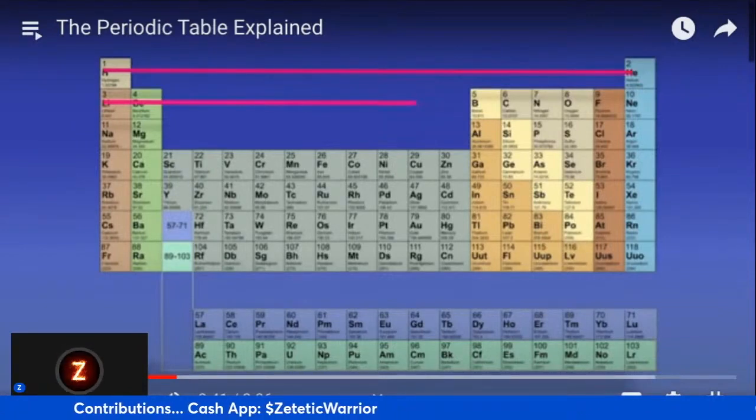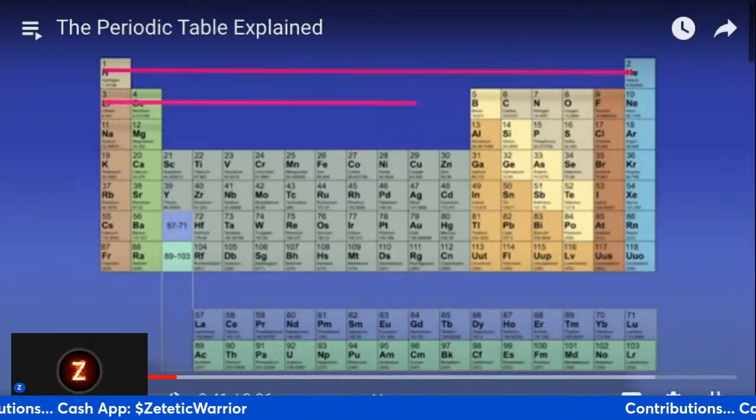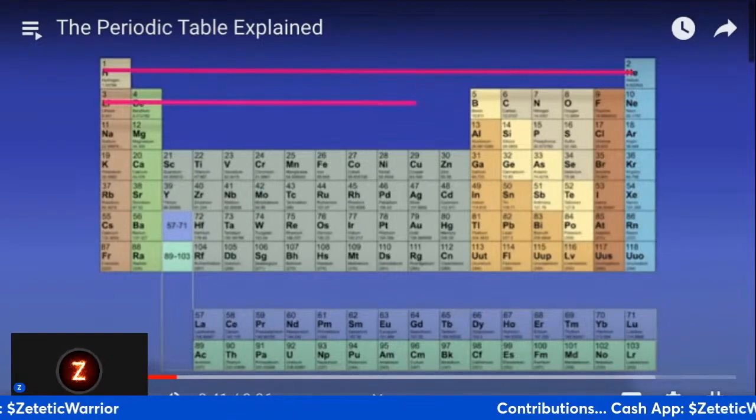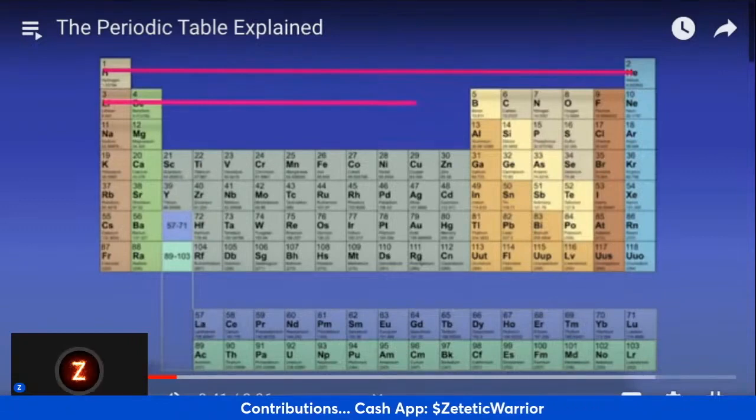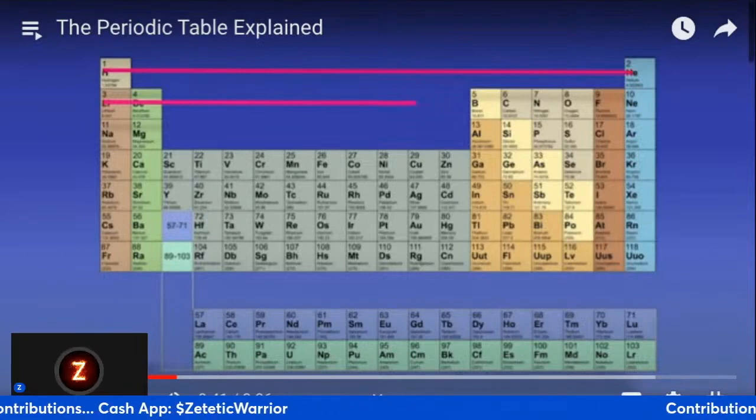Some theorize, including myself, that hydrogen is really the only element that exists, and that everything else is just a more complex or a denser vibration of hydrogen.